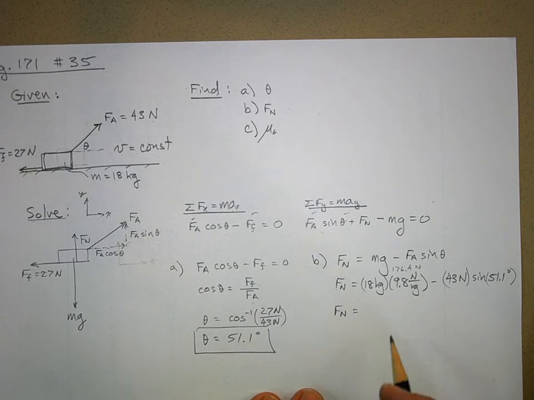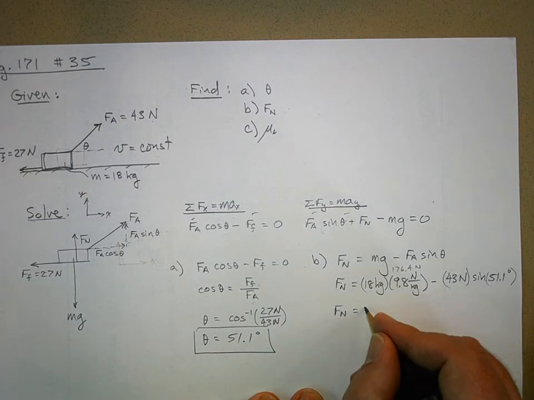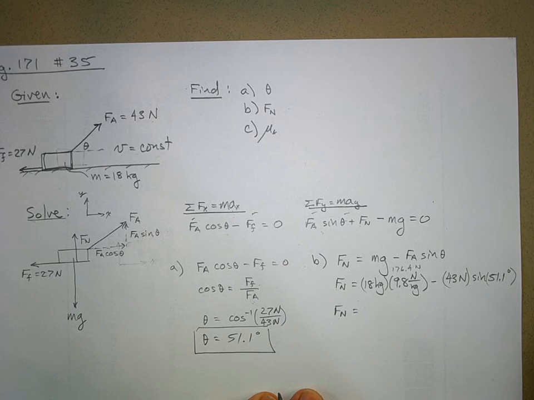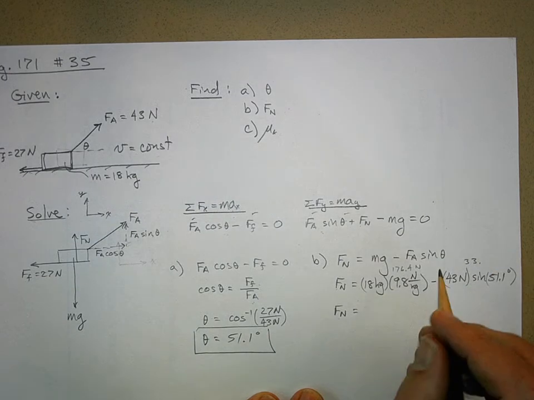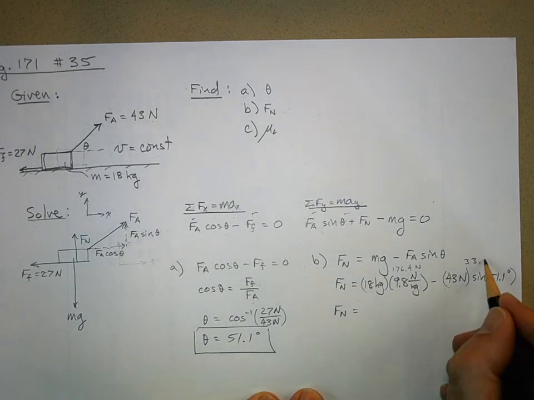And when you do all that, I'm getting, that doesn't make sense. So what's 43 times the sine of 51.1, that's 33.46, or 33.5.